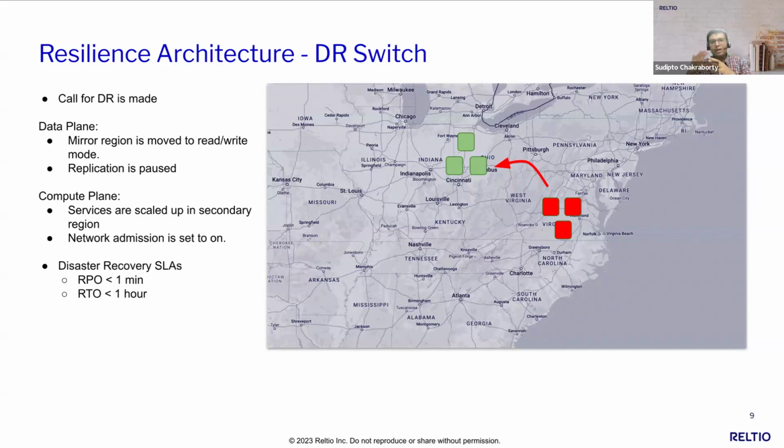Then we have two parallel streams of work. One is the data plane actions. The secondary region's database storages are switched from standby to active read-write mode. In normal times, the secondary region is continuously receiving replicated data from primary in read-only sync mode.